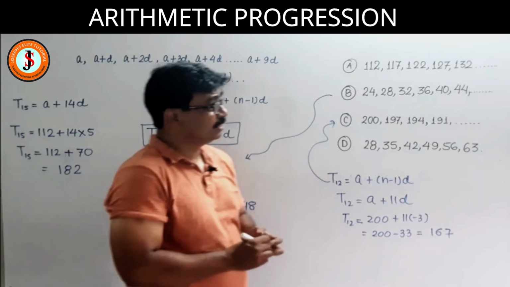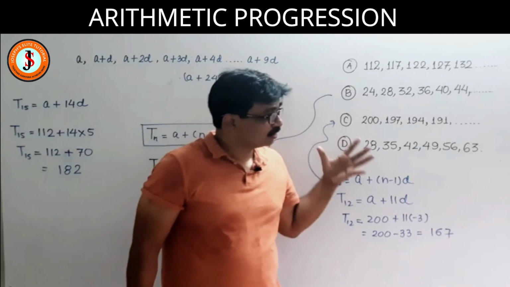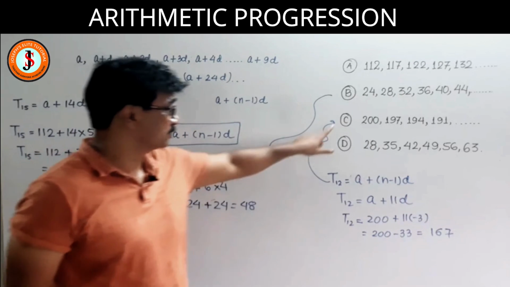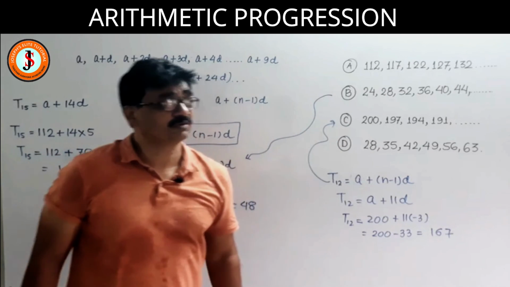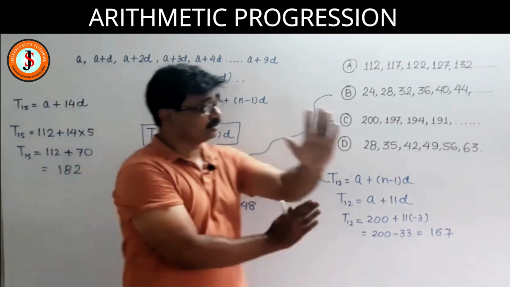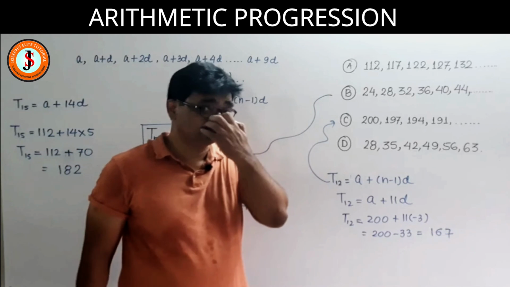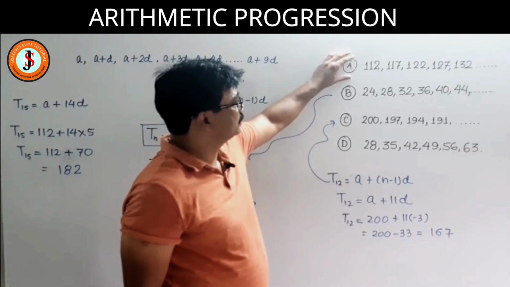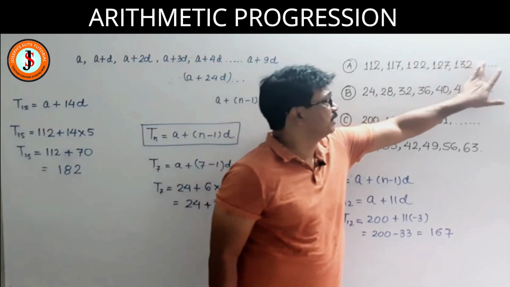So some of the APs are in decreasing order because the common difference is negative in this case, and increasing means the common difference is positive. Also remember, if you reverse any arithmetic progression, it still remains an arithmetic progression. Suppose I wrote this from the other end, supposing it was a finite series.